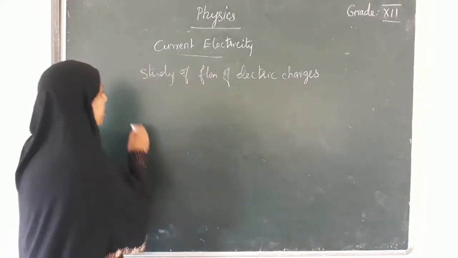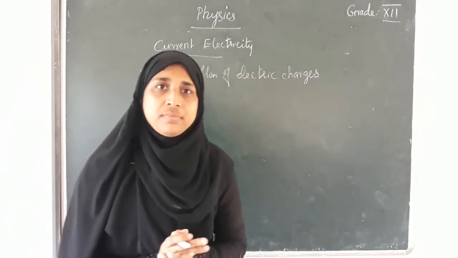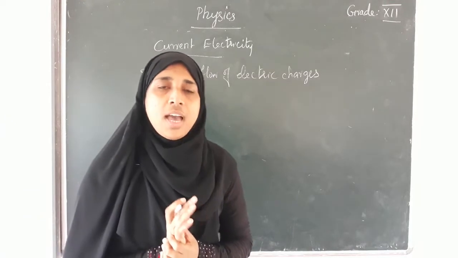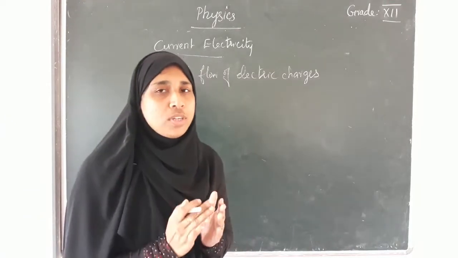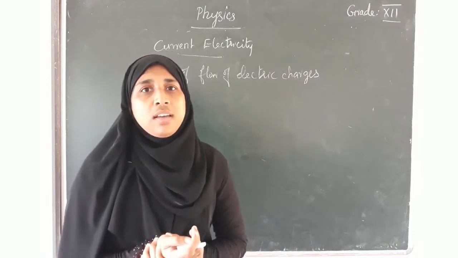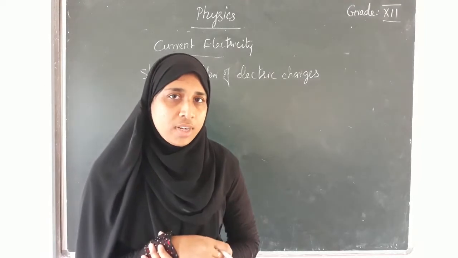So, electric current. First, matter. Matter is made up of atoms. An atom consists of protons, neutrons and electrons. You all know this. Electrons are revolving around the nucleus, and the nucleus consists of protons and neutrons.